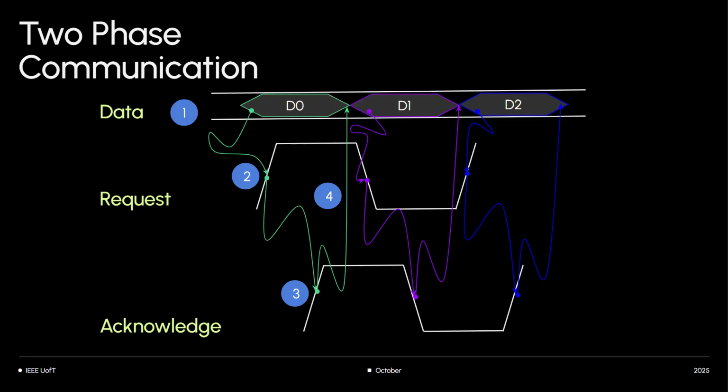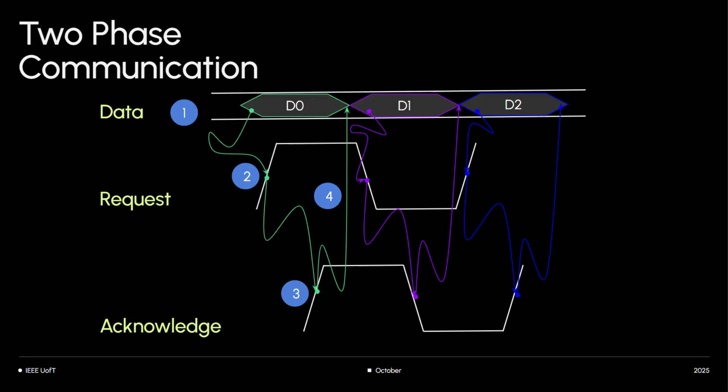In clocked systems, for example, there's a protocol called AXI, right? And AXI uses a clock, but it also has something called ready and valid instead of request and acknowledge.